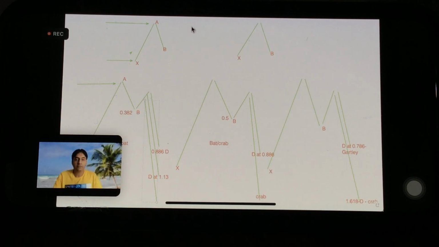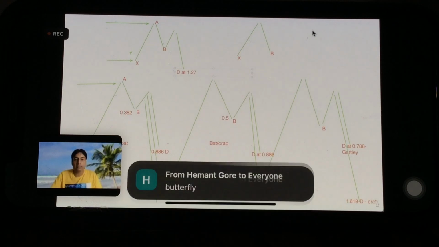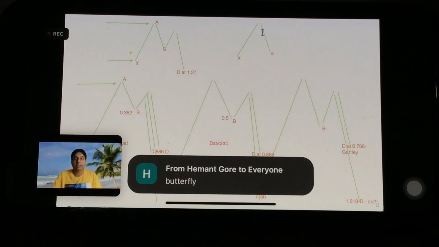Then this is 0.786. So 0.786 will give D point at 1.27, right? D at 1.27.